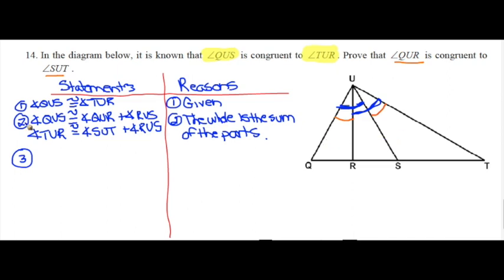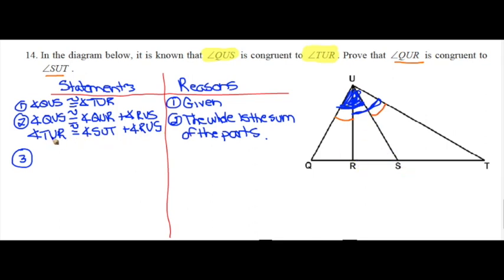You can see here in the proof, I started off by stating the given information, and in step 2, I show the breakdown. In other words, I'm showing that angle QUS is actually the sum of two smaller angles, QUR as well as RUS.